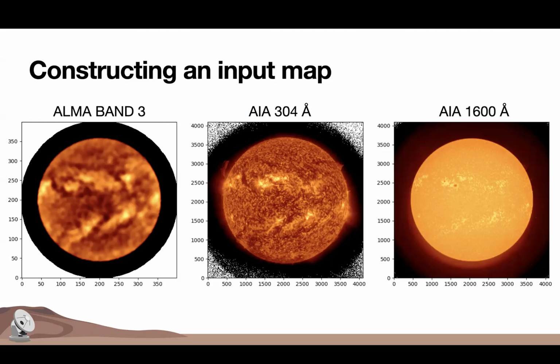We then ended up creating a fake millimeter sun by combining these two UV channels, scaling the UV intensities to match the actual millimeter brightness temperatures observed in the actual ALMA data, and applying artificial limb brightening to mimic the true millimeter data as closely as possible.